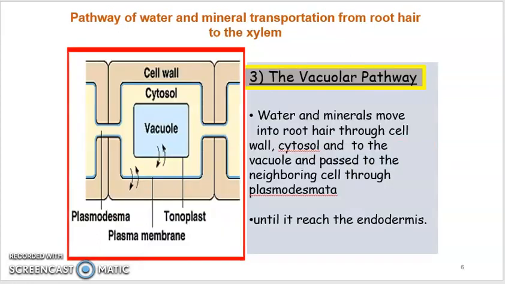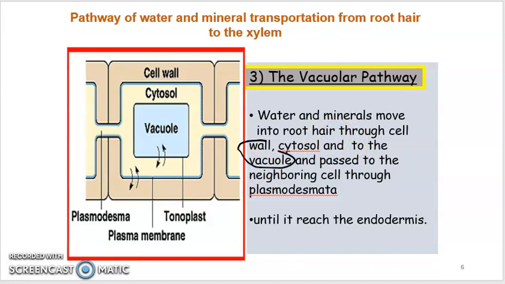Okay, and then, sorry, this is the vacuolar pathway. For the vacuolar pathway, water and mineral move into the root hair through the cell wall, cytosol and into the vacuole. So the keyword here is vacuole.